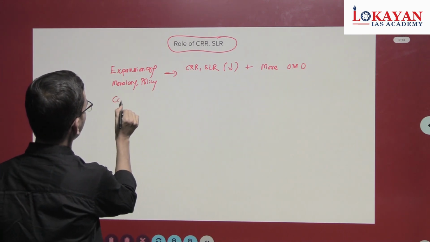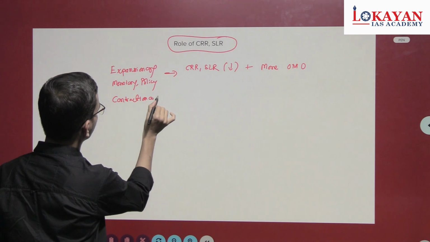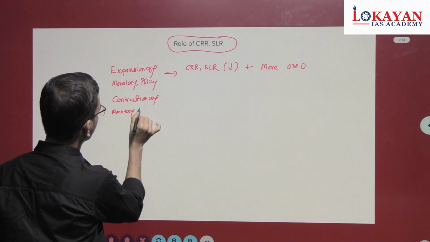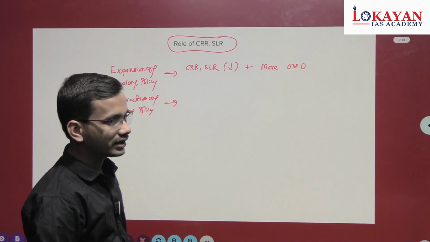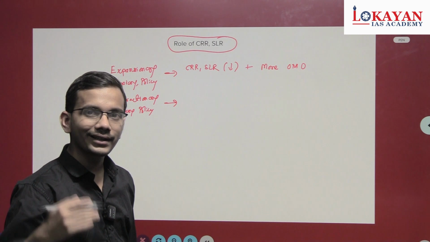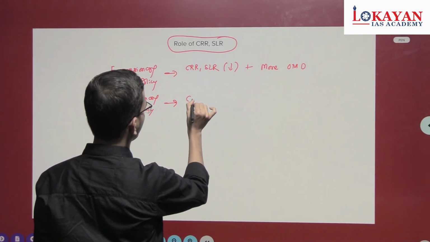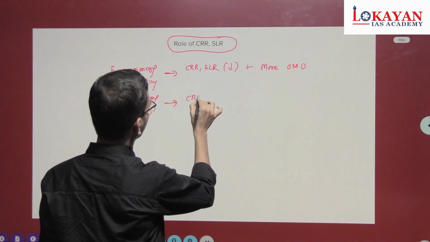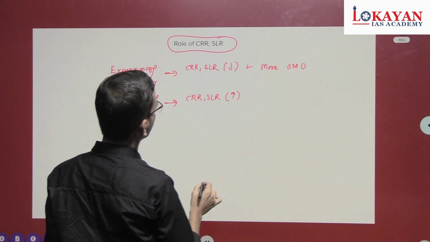Contractionary monetary policy. In contractionary monetary policy, interest rates increases. Okay, interest rate, CRR, SLR increases.